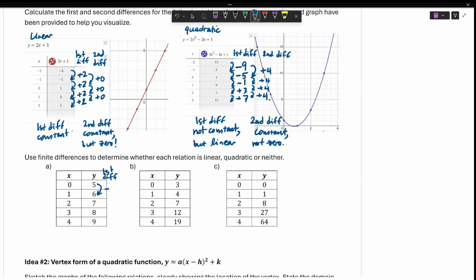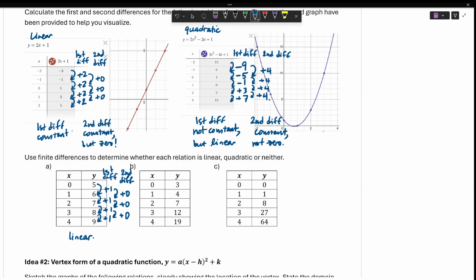You'll notice every time you add the same thing, which is 1, so it's linear. If you did happen to do the second differences, you would be adding 0 every time. And that also fits with it being linear, right? If it's quadratic, then it shouldn't be 0.